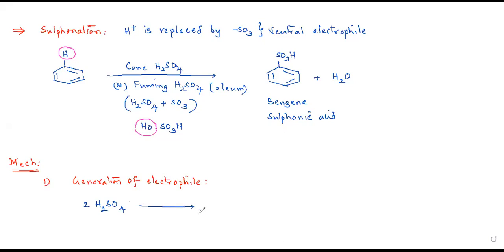Take 2 molecules of sulfuric acid, from which we'll be getting the neutral electrophile, then H3O plus, and of course HSO4 minus. So here the electrophile is SO3, a neutral one. Okay. Now the second step, formation of sigma complexes.